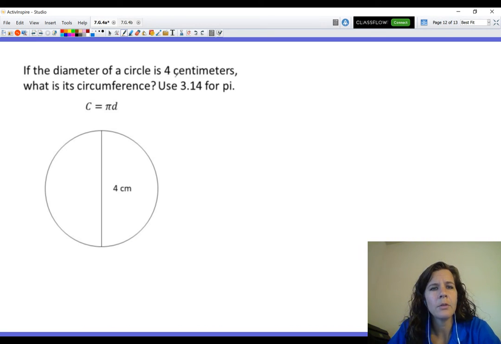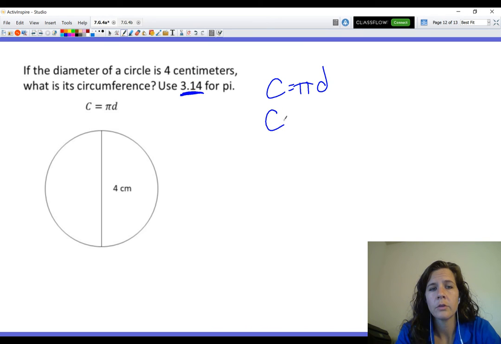So if the diameter of a circle is 4 centimeters, what is its circumference? So let's see. Circumference equals pi times diameter, and it tells you to use 3.14 for pi. So circumference equals 3.14 times the diameter, and it tells you the diameter of the circle is 4 centimeters, and it's right there.